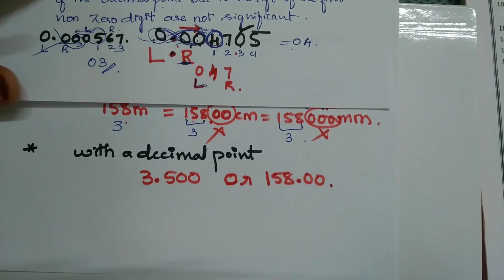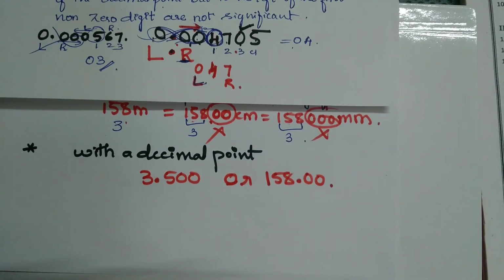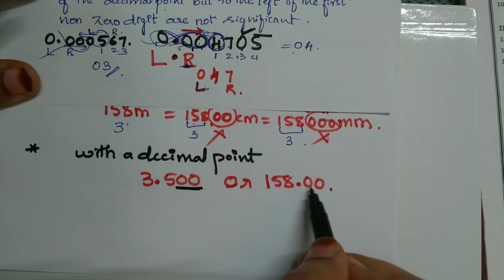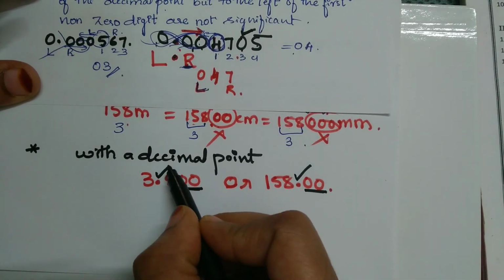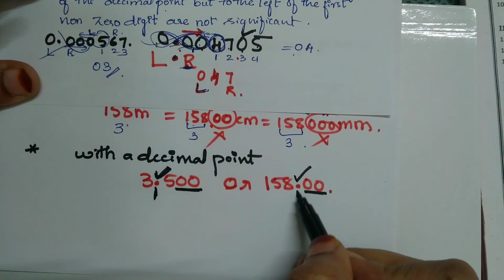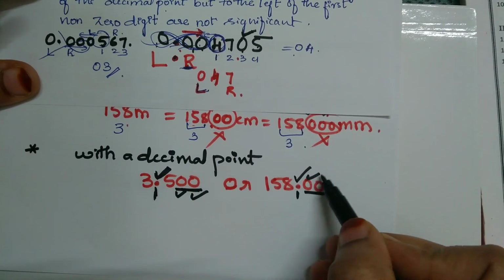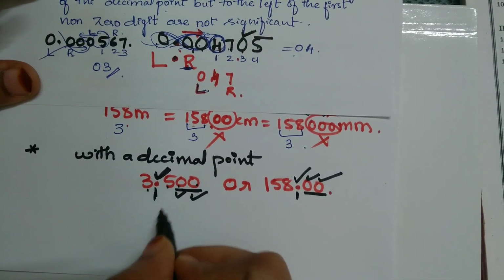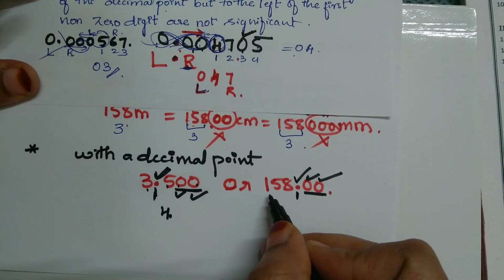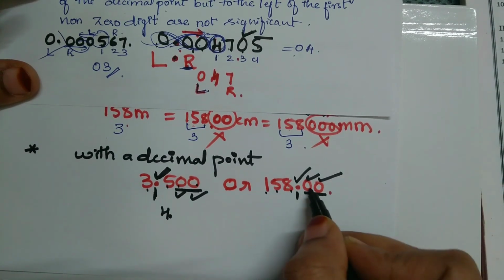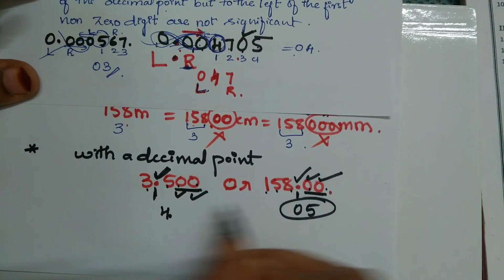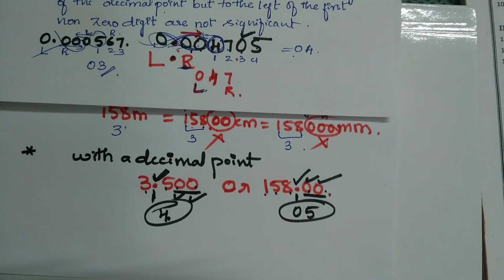Okay, if this is the question, then these zeros, the trailing zeros with a decimal point, are considered to be significant. So therefore 1, 2, 3, 4 significant figures here, and here 1, 2, 3, 4, 5 significant figures. Hope you have understood the rules for the significant figures.